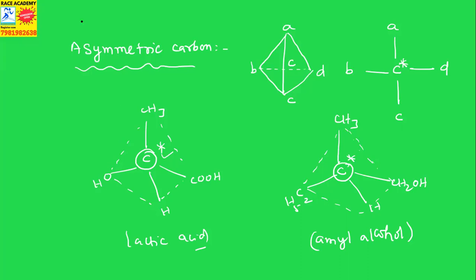So the information that an asymmetric carbon is very clear. Whether a molecule is asymmetric or dissymmetric depends on planes of symmetry. If no plane of symmetry is there, they are asymmetric, and non-superimposable mirror images are also said to be asymmetric.